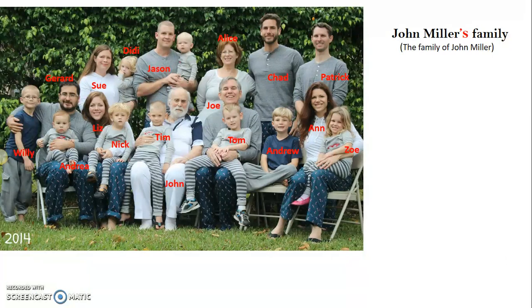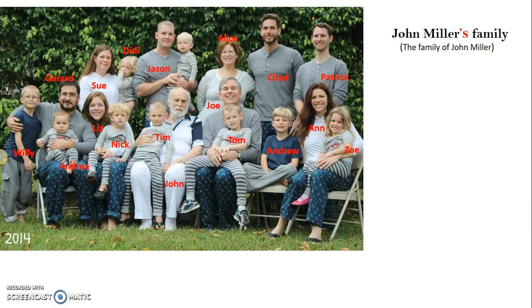This phrase, the family of John Miller, even though it is correct in English, people don't use it for people. They use it for objects, like the legs of the table, the screen of the computer, but not for proper nouns like John Miller or words related to people like mother, father, son.